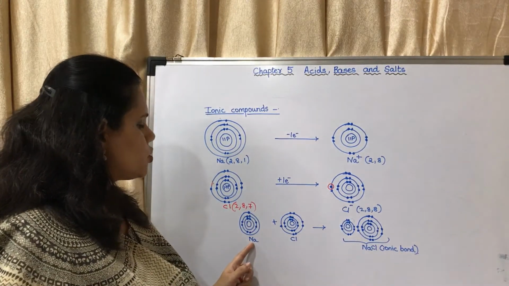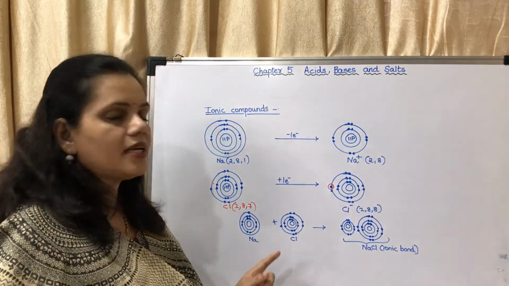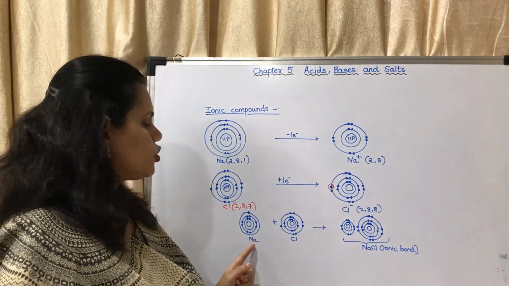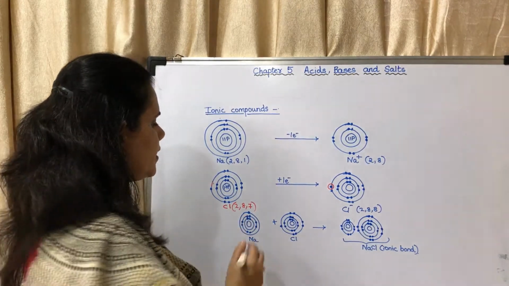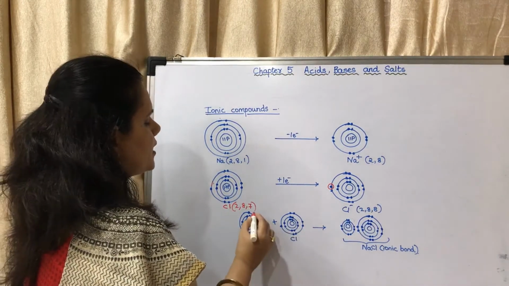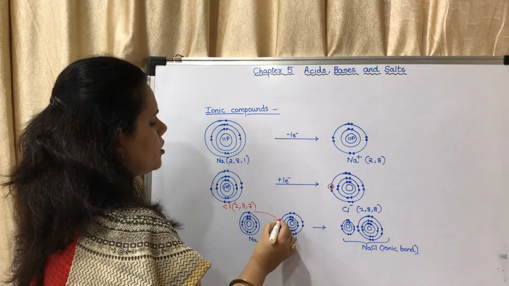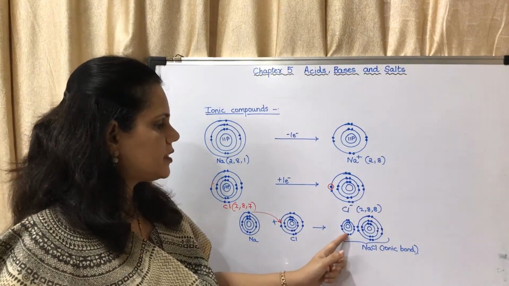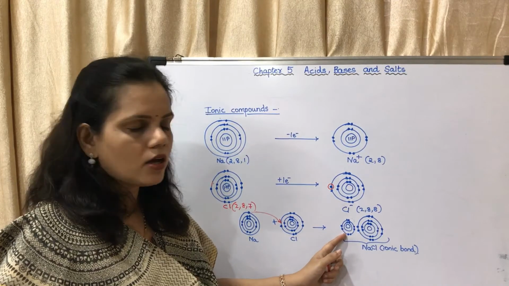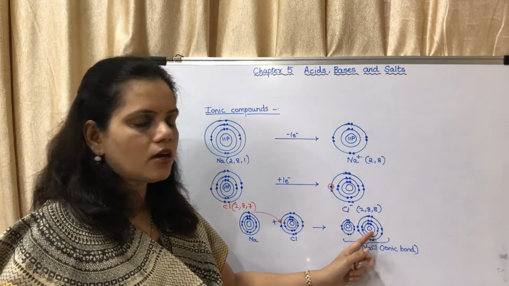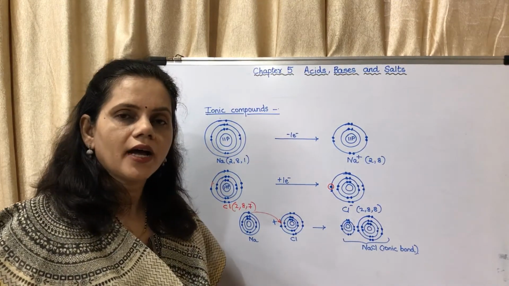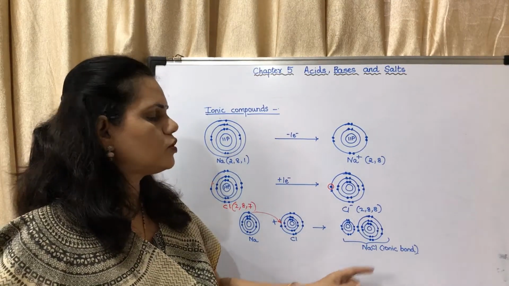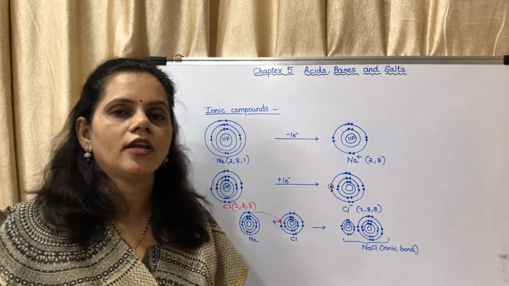Now this is a complete reaction which they have given. Sodium, that is 2, 8, 1, and chlorine, which is 2, 8, 7. This one electron is given to Cl, and this is the sodium plus ion, this is the Cl minus ion. They will combine together by ionic bond to form sodium chloride, which is an ionic compound.